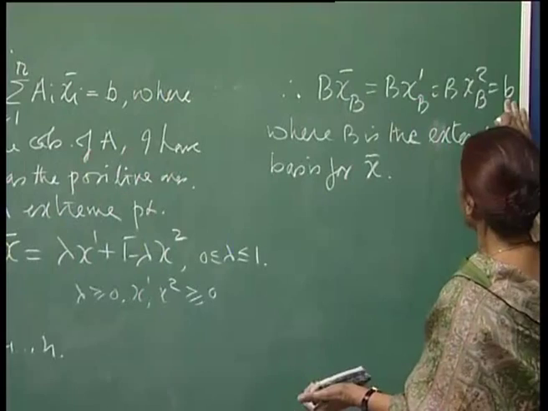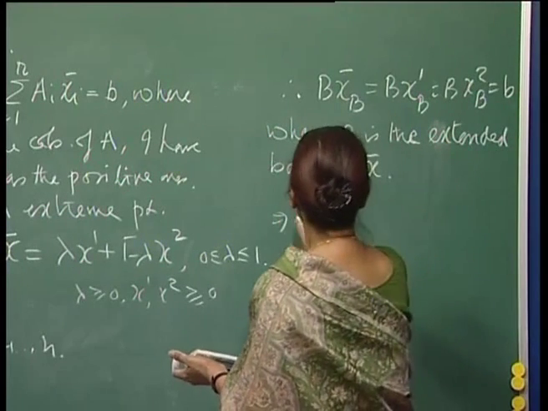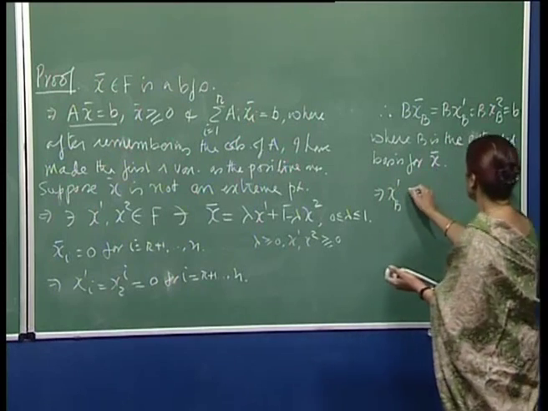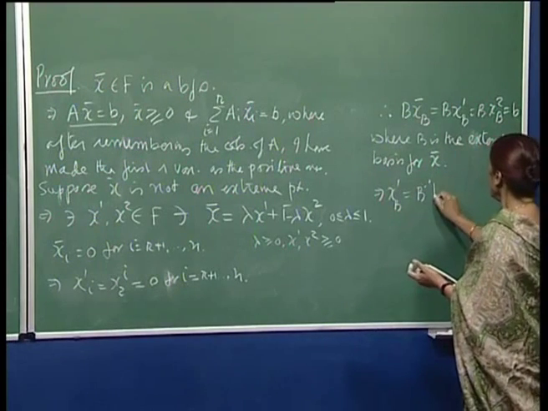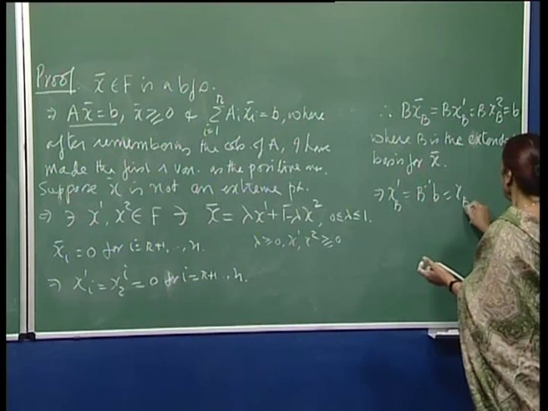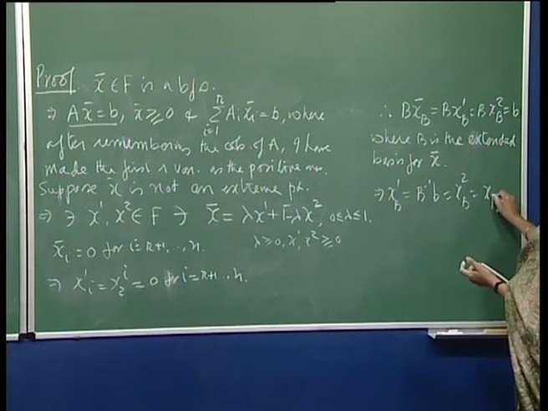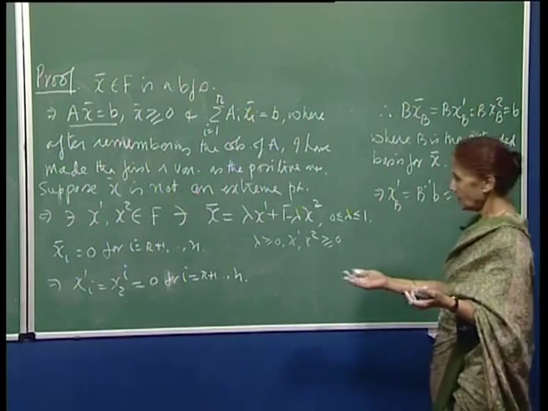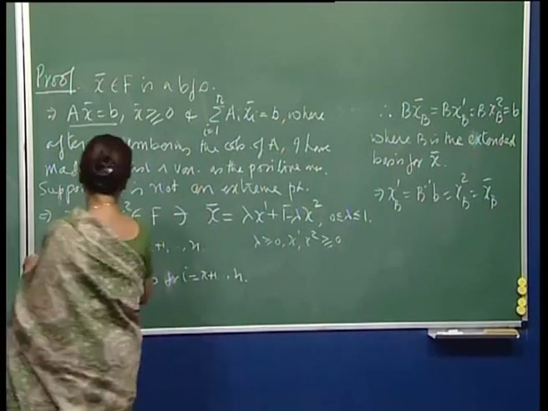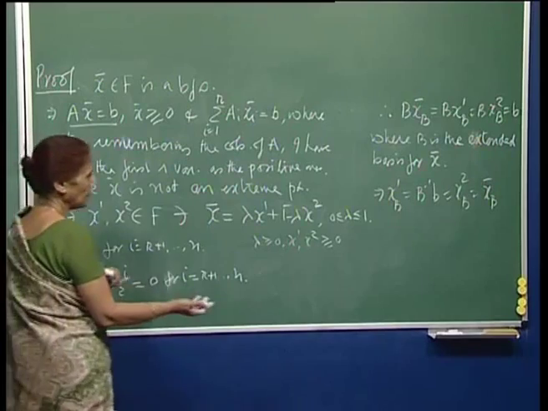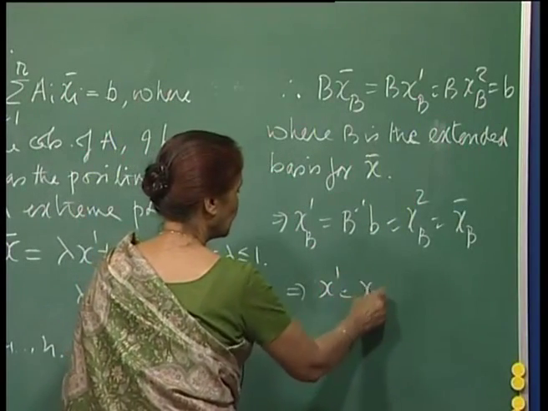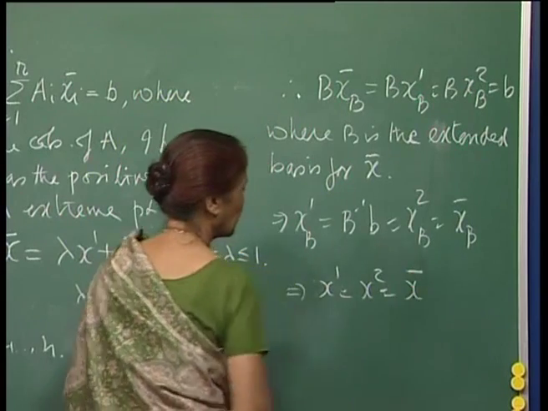So, then I have this equation which implies that x B1 is equal to B inverse b is x B2, and this is equal to x B1, right. And since the last n minus r components of the 3 vectors are the same, this implies that x1 equal to x2 is equal to x bar.